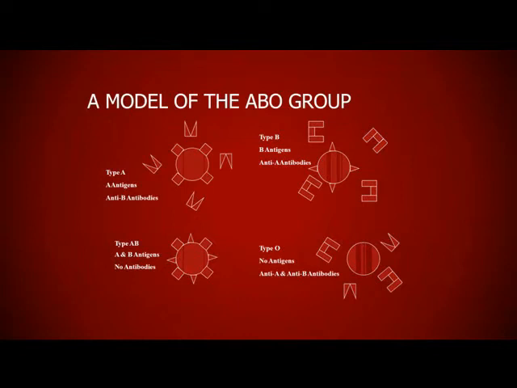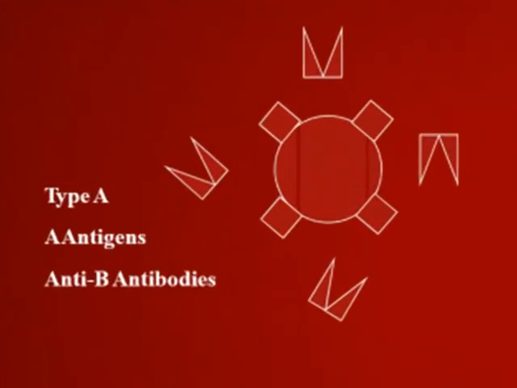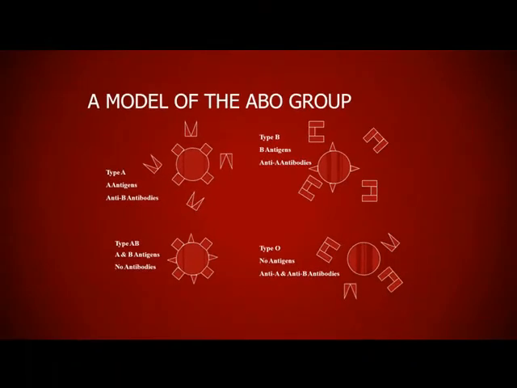Here is a model of the ABO group. Blood type A, as seen in this picture, has antigen A on the surface of the cell and will agglutinate or clot with blood type B because it has anti-B antibodies. Take a moment to study the other blood types.